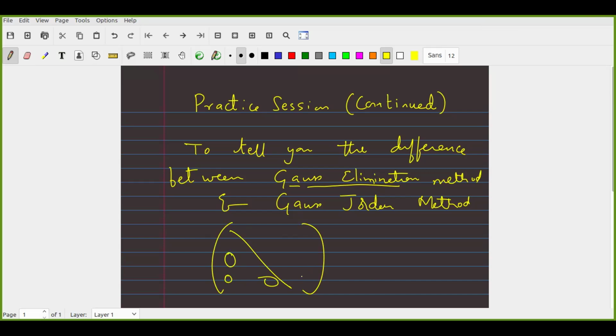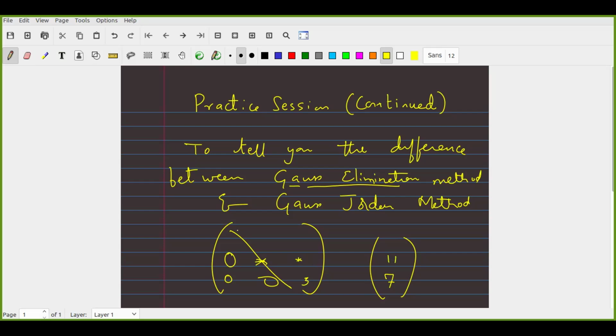Let's say if there was a 3 here, 3z is equal to, let's say, 7, so z is equal to 7 by 3. Put that z value in the second row interpretation, you will get something into y plus something into z equal to some number, let's say 11. And we already know the z value, so you will get the value of y.